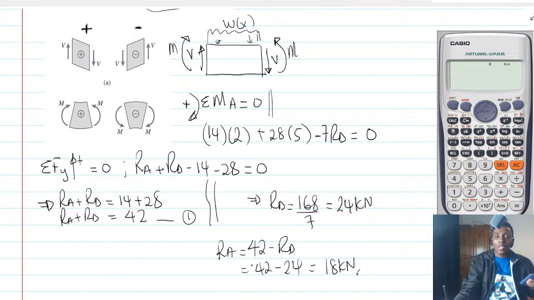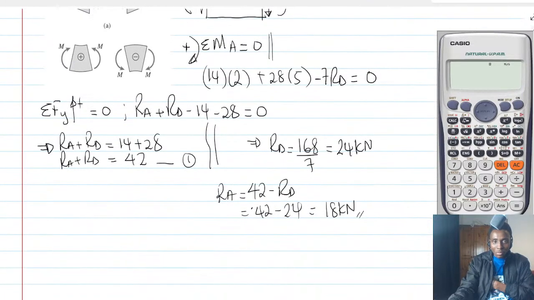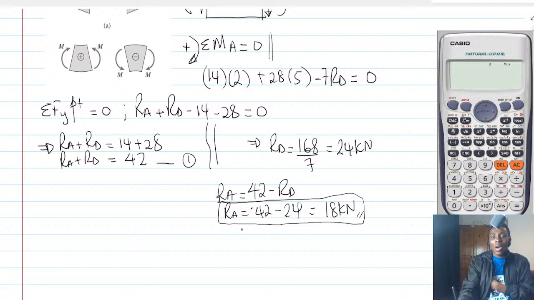So RA is 18. Agreed? So RA is actually 14. Sorry, 18. Alright?